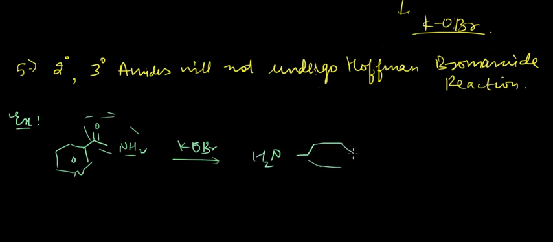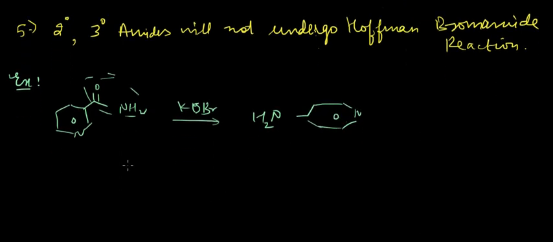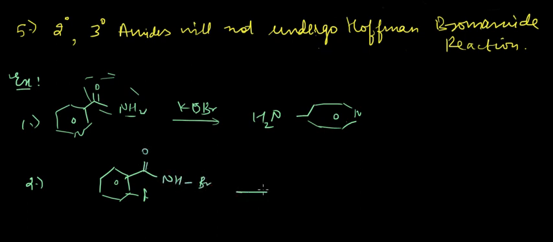We would have something like this. The second example: we have F here and NHBr, and we have KOH. Please don't confuse, this is not a 2 degree amide.